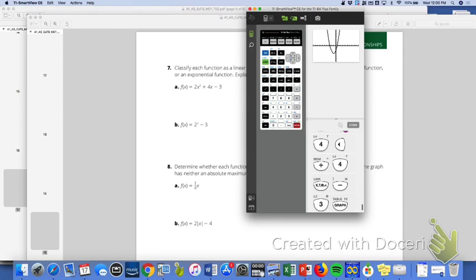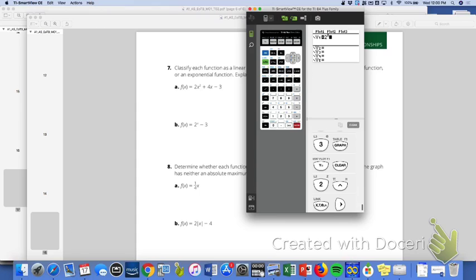Now you guys type in the B, 2 to the x power minus 3. Half your test, as long as you type it in your calculator right, it's going to give you the answer. Do your y equals, clear out what you had, 2 raised to the alphabet soup x.